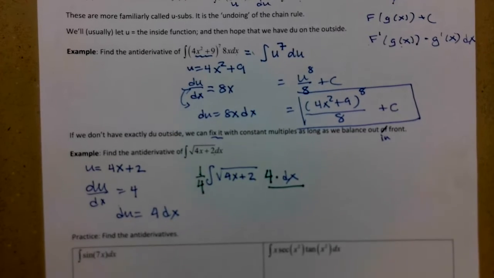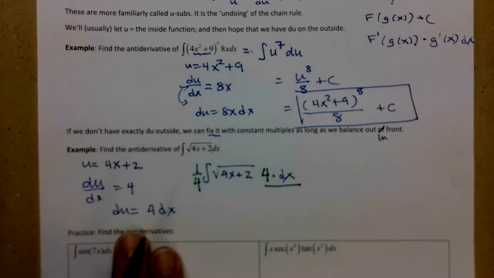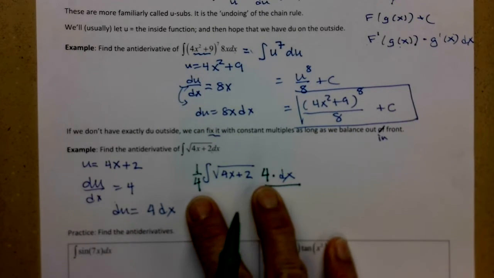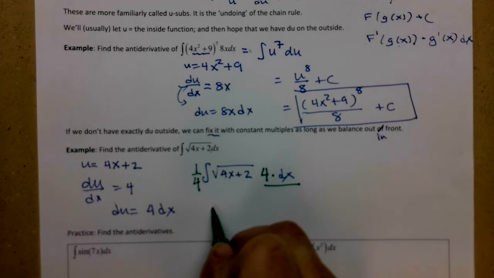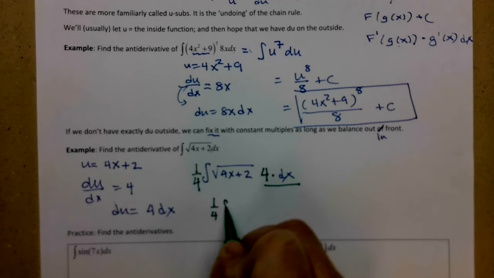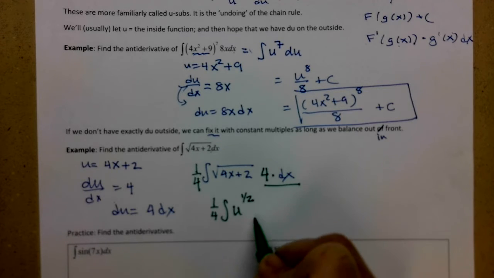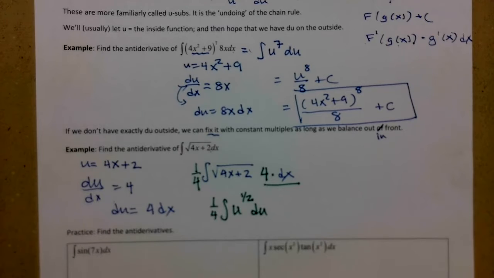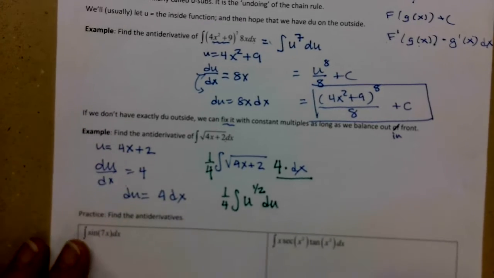With integrals, the constant multiple can be inside or outside. You can move that across. So 4 on the inside, 1/4 on the outside. Now I have 1/4 integral u to the 1/2, and there's your du. That's how we, quote unquote, fix it so that we can do the integral.